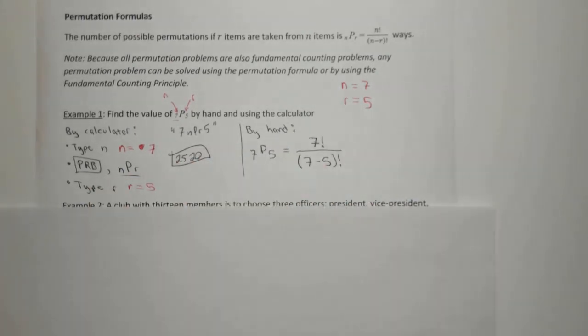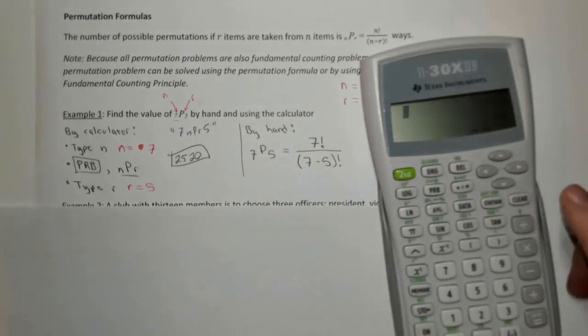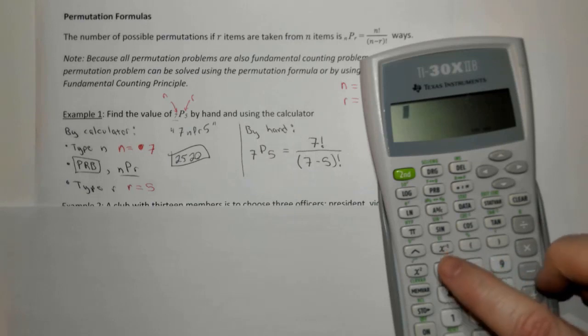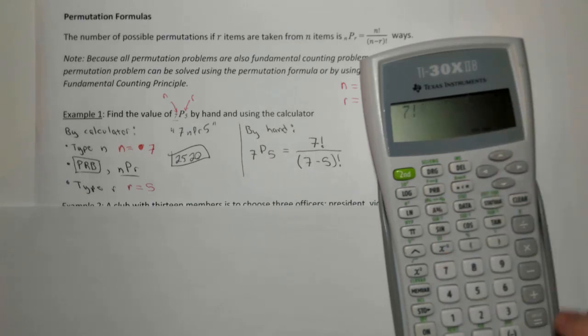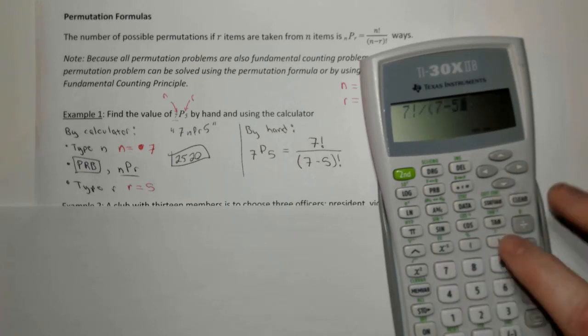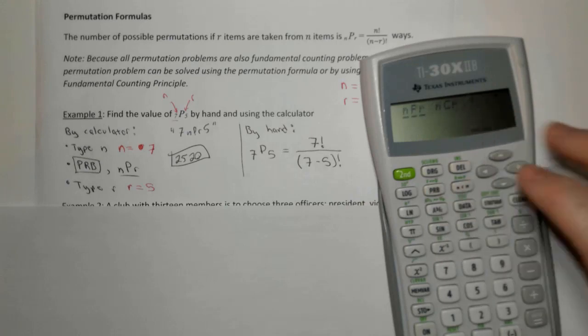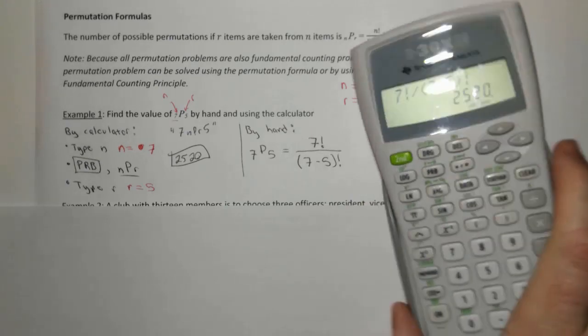You could type this in directly to the calculator. If you want to clean it up some, you can, but 7 factorial divided by 7 minus 5, and then put the factorial, 2520. You could do that.